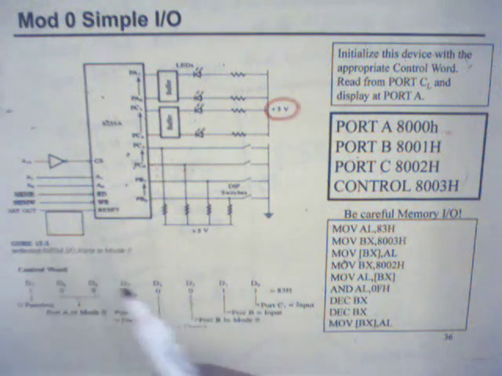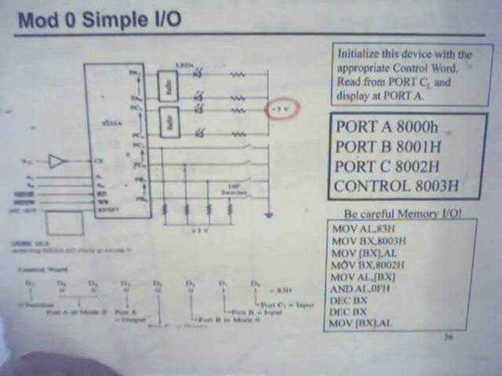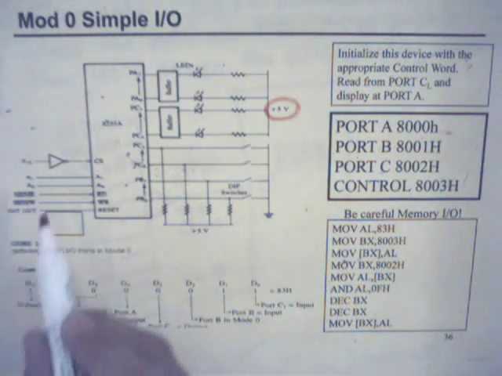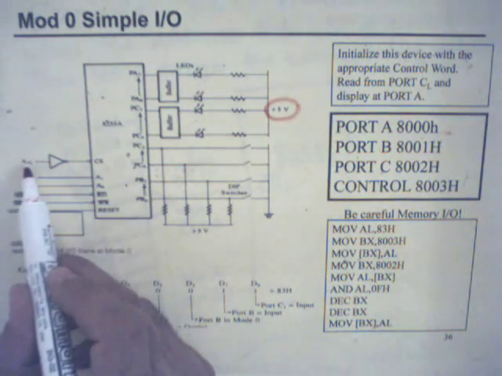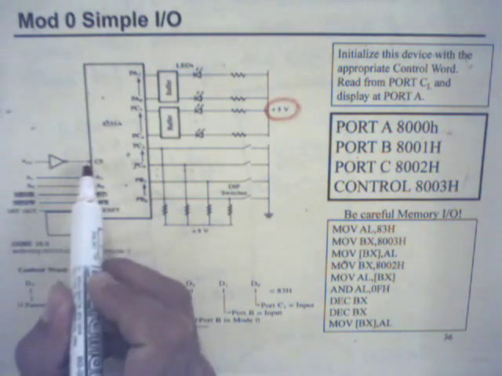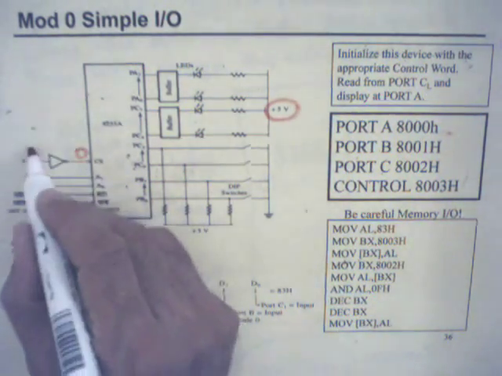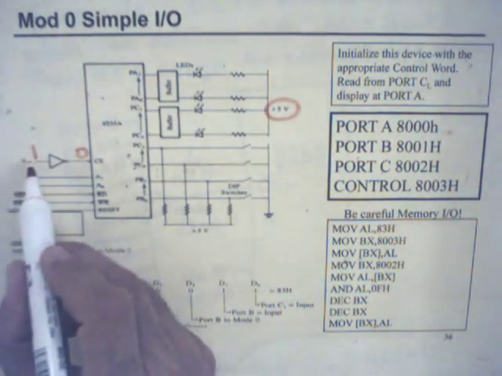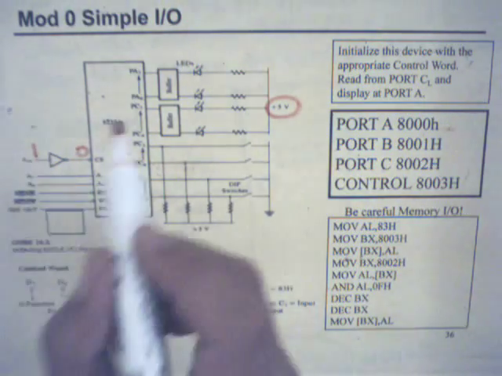So basically, whenever A15 is 1, chip select signal is 0. Okay, so the 8255 is selected.